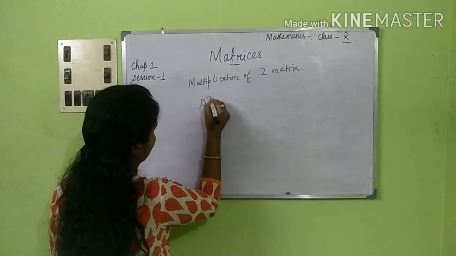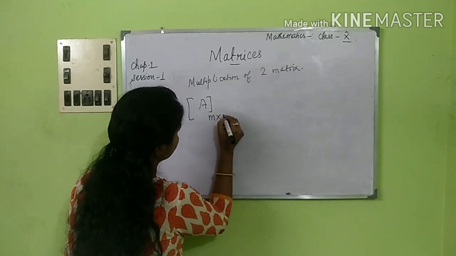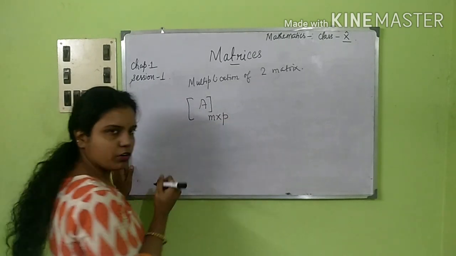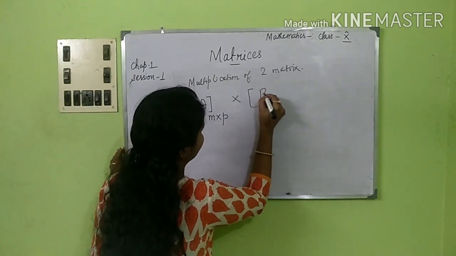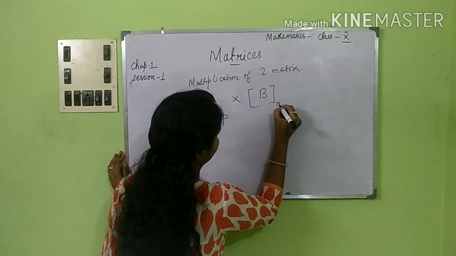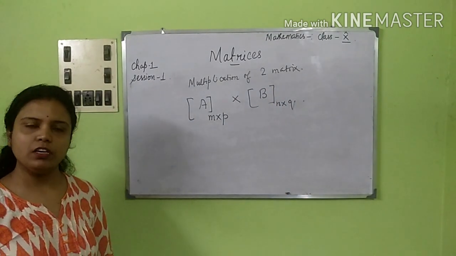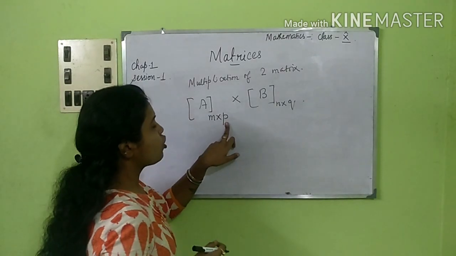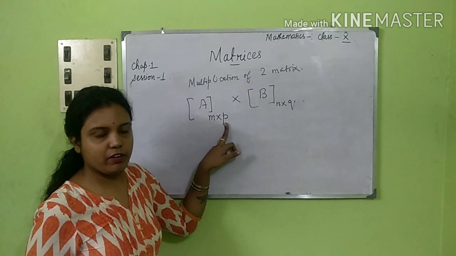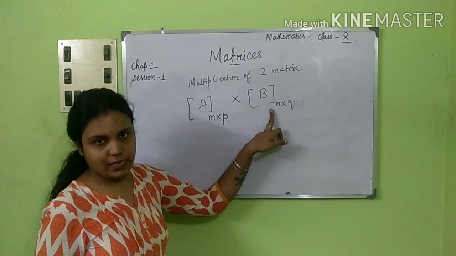Suppose a matrix A is of the order M into P, and there is multiplication with matrix B, which is of the order N into Q. As I said, the column of the first matrix should be equal to the row of the second matrix.